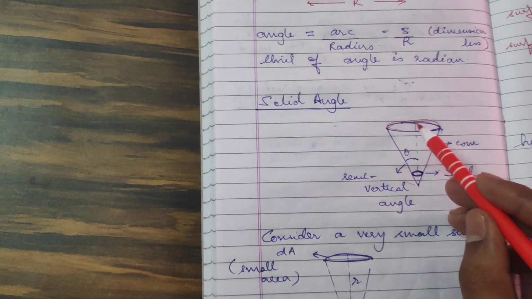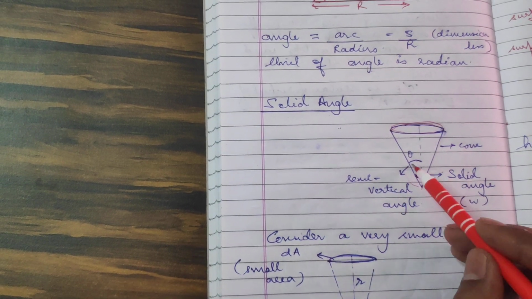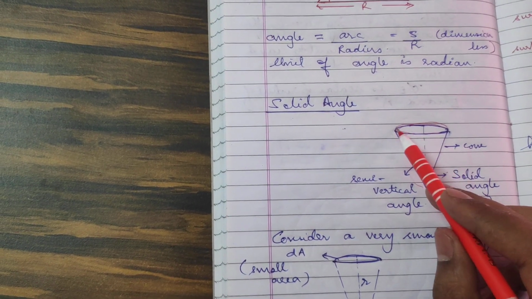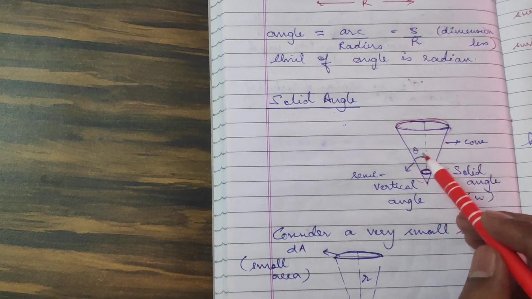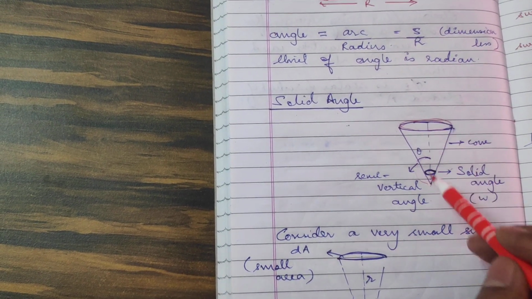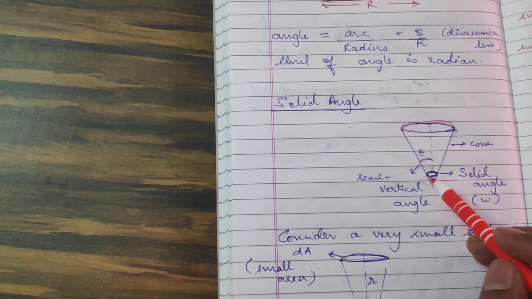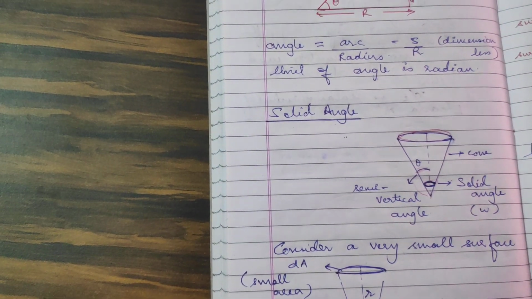So this is a semi-vertical angle, which is the planar angle. Like if you consider this to be a triangle, this is a semi-vertical angle, which is a planar angle, and this is the three-dimensional angle, which is a solid angle.